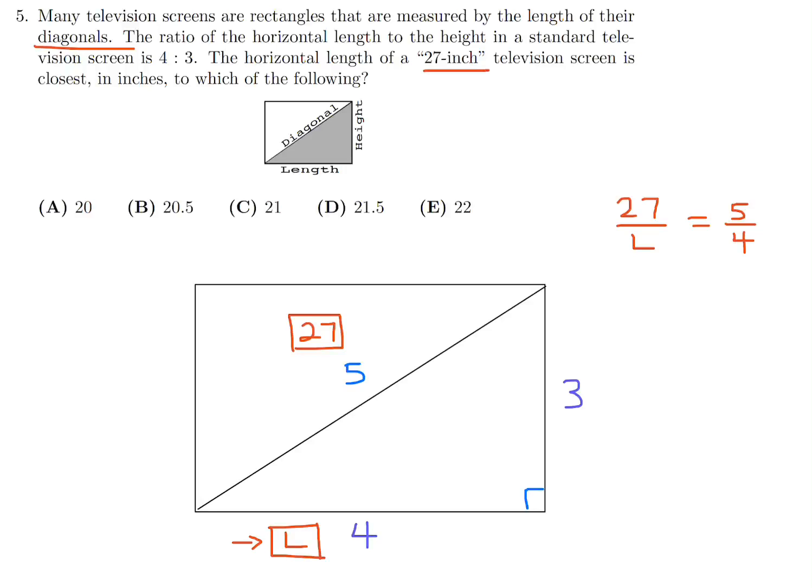That's pretty much how you do this. So 27 times 4 is 108, 5L, and L would be 108 divided by 5, which is 21.6. So the horizontal length of this TV that has a diagonal of 27 is 21.6, and it's closest to D.